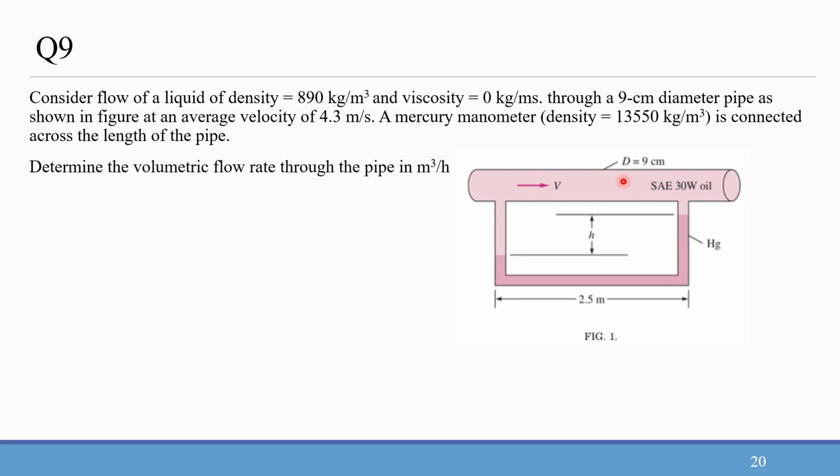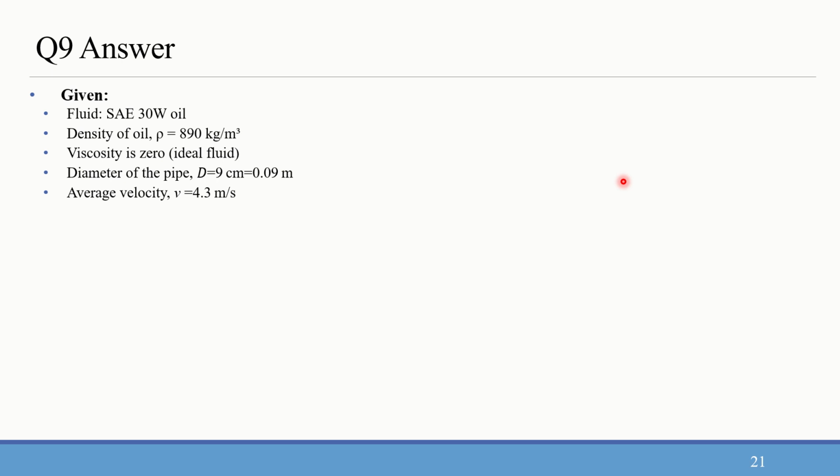So same problem, we need to calculate the volumetric flow rate. The answer is basically given over here, but we can still go through it. First we'll write what is given in the question, and later we will see how to solve the problem. The fluid is SAE 30W oil, and the density of the oil is 890 kg per meter cube.